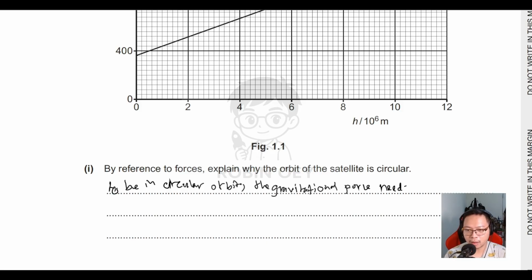So the gravitational force needs to act perpendicular to the direction of motion, providing centripetal force.